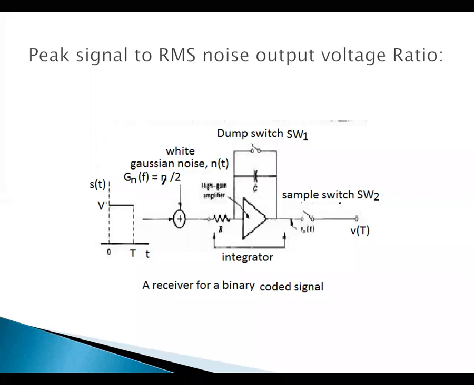Suppose the input of the channel is X, and the output of the channel is Y. Now Y is equal to X plus N. What is N? N is the noise added in the channel.